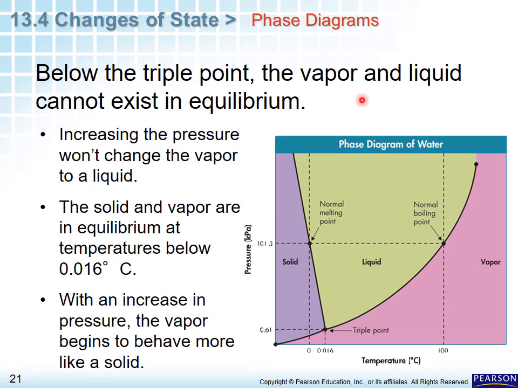So below the triple point, the vapor and liquid cannot exist in equilibrium. Increasing the pressure won't change the vapor to liquid. The solid and vapor are in equilibrium at temperatures below 0.016 degrees Celsius, and with an increase in pressure, the vapor begins to behave more like a solid.